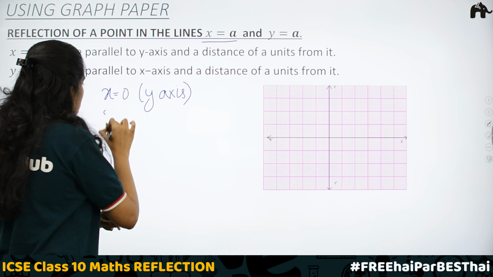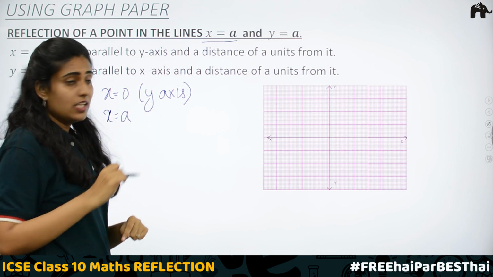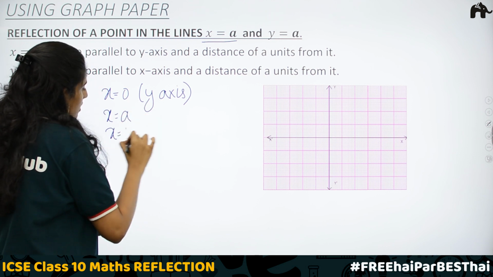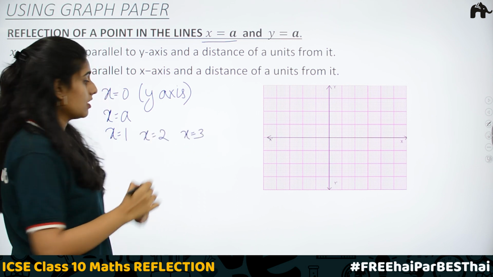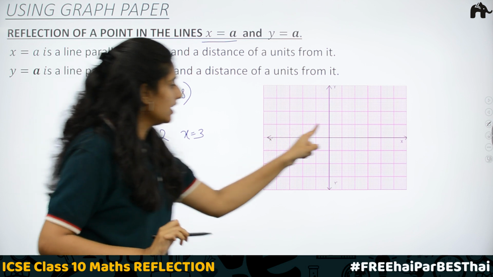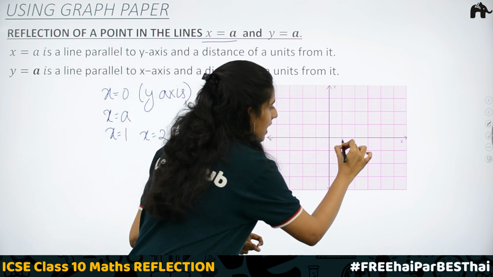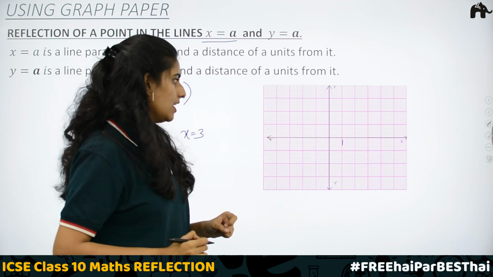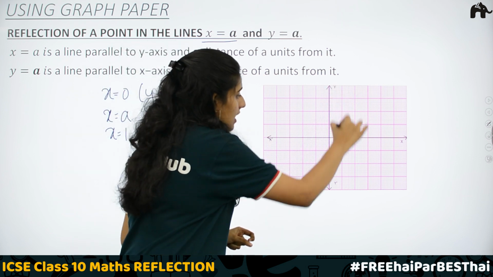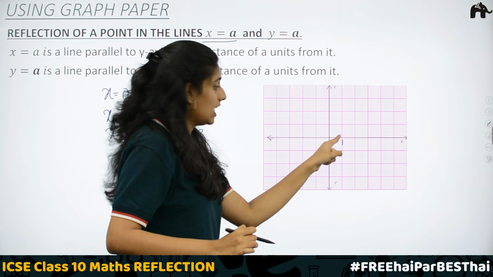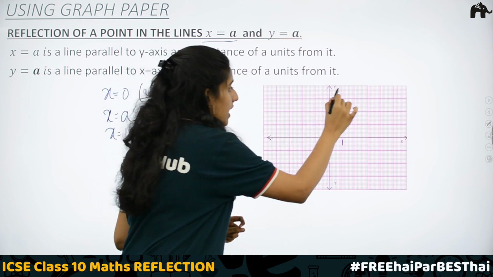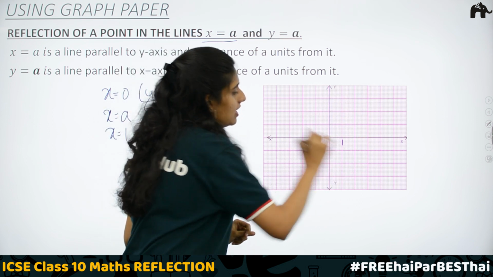Now what is x is equal to a? When you take a is equal to 1 or x is equal to 2 or x is equal to 3. X is equal to 1. Here this is a point where the x coordinate is equal to 1. Now when you draw a line passing through this point, x is equal to 1, any point will have x coordinate 1.